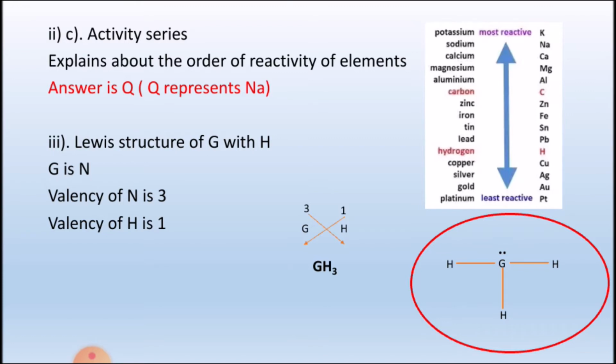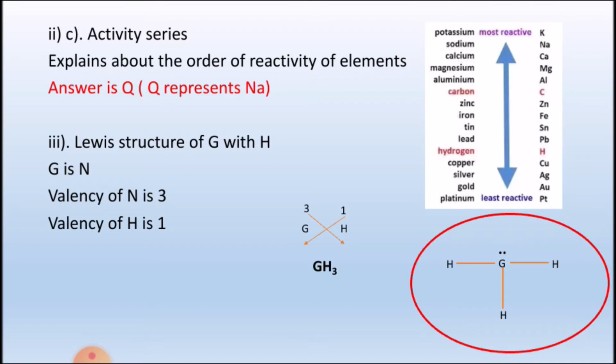So the elements above hydrogen will react to reduce H plus to form H2, but the metals below hydrogen won't reduce H plus to H2. From this it is obvious that, according to the consecutive elements that we have arranged, sodium should be the one with the highest activity. Therefore the answer is Q, because Q represents sodium.